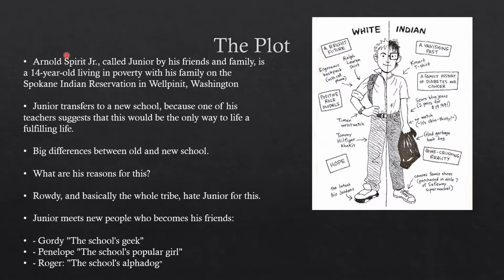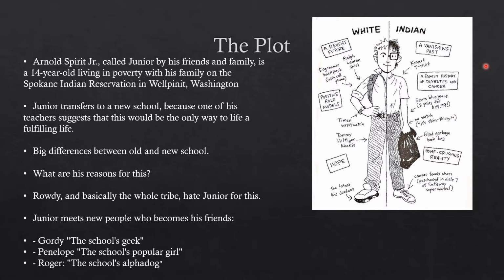So Arnold, or Junior, is this guy in the beginning of the book, a skinny guy with glasses, gets bullied at school, lives on an Indian reservation, in a family that is quite poor. You can see a book bag here.